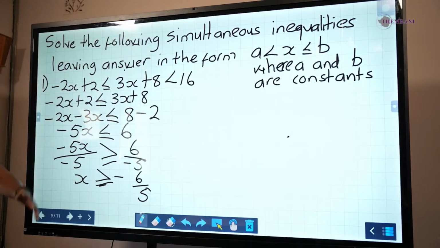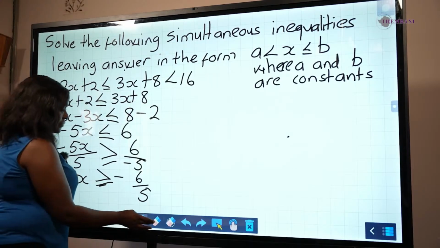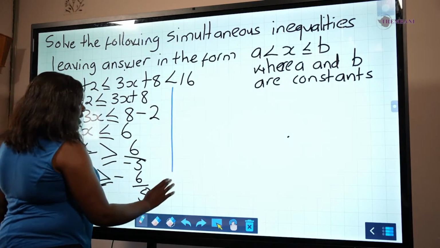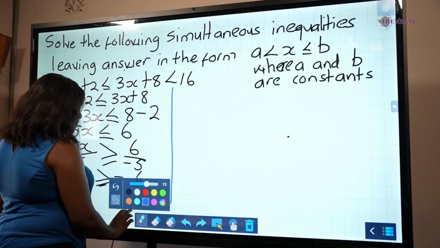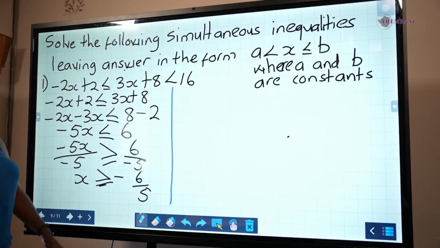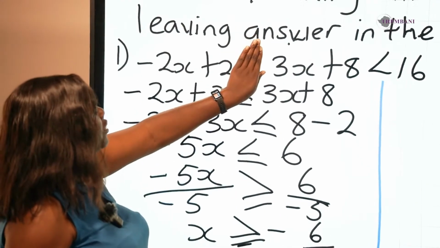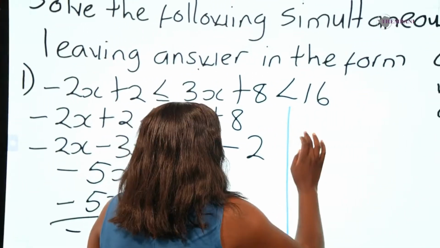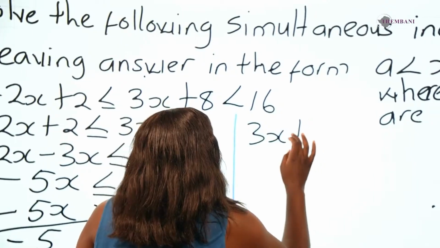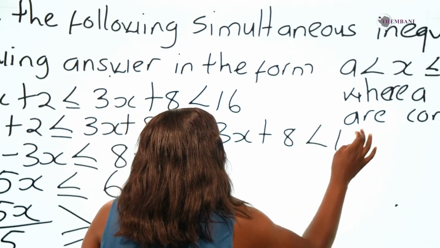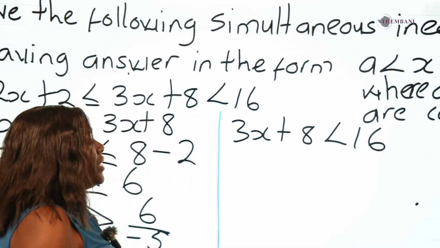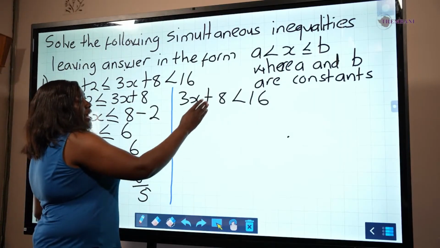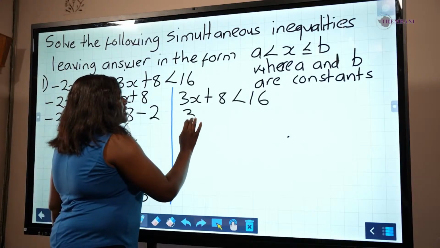Then I'm going to move to the other side, where I've said we now close off the other inequality sign and start. So we are starting from here where we've closed off the inequality sign, moving in this direction. So what do we have? We have our 3x plus 8 is less than 16. Grouping like and unlike terms, we are going to move the 8 to that side, so it becomes 3x.